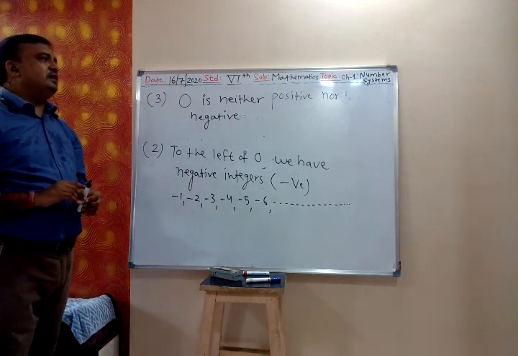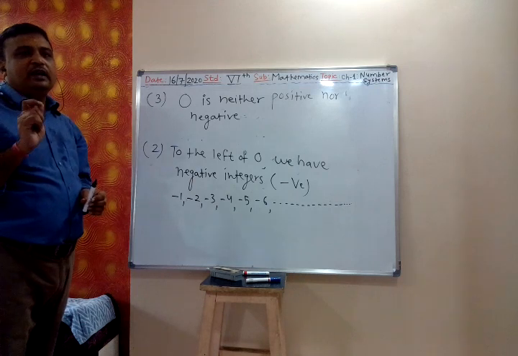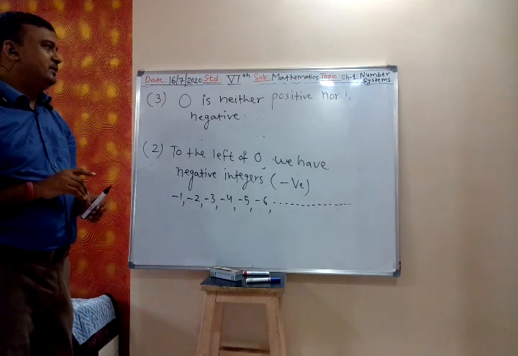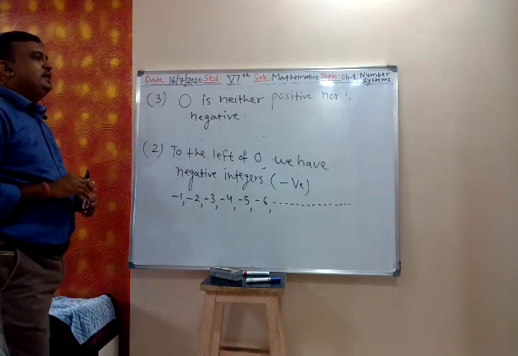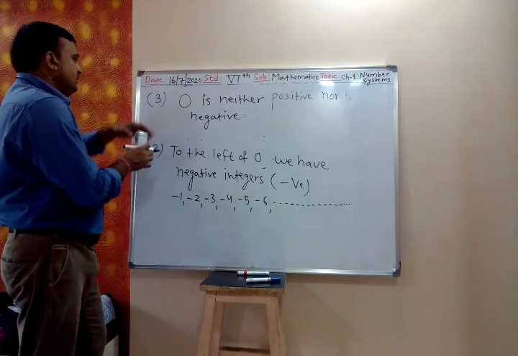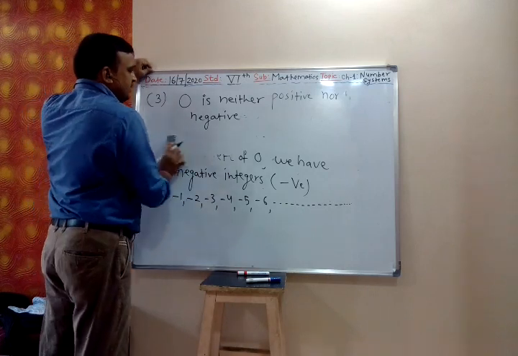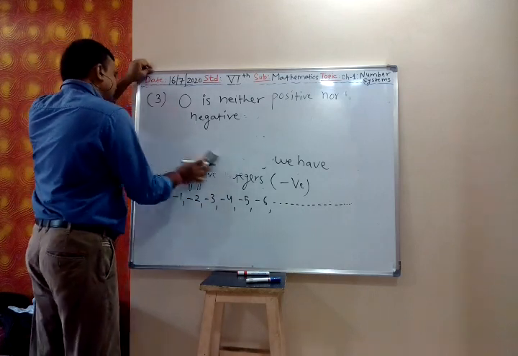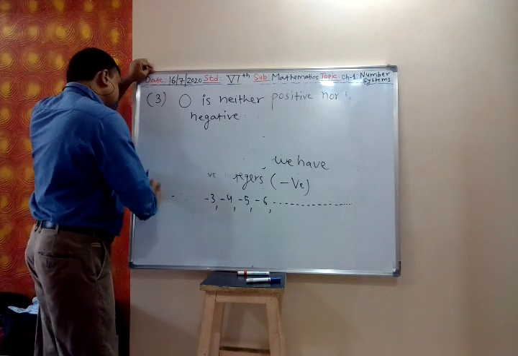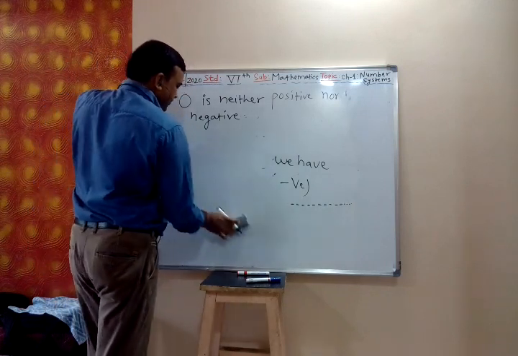So we don't write minus 0, we don't write plus 0. We simply write 0. We don't write plus 0 or minus 0 because 0 has no sign. It is neither negative nor positive.